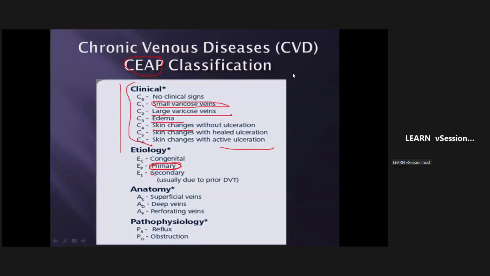Sometimes it could be secondary to other causes, so again you have to exclude in your short case history, like past DVT. What you don't want to do is to operate on a dilated vein in a patient who already had a DVT. Okay, then you are going to cause trouble.